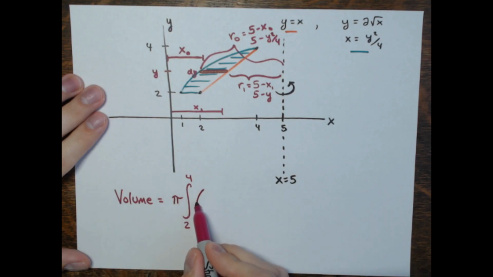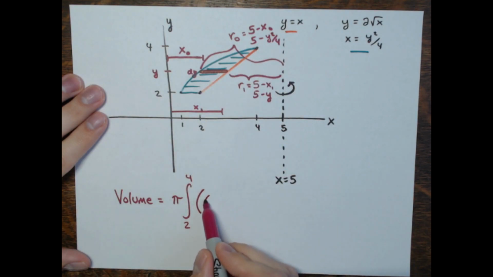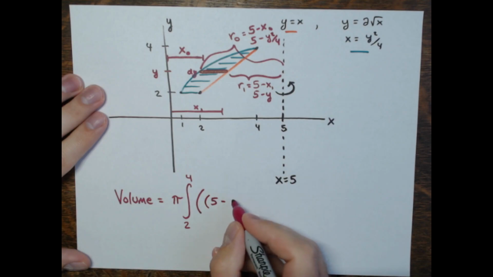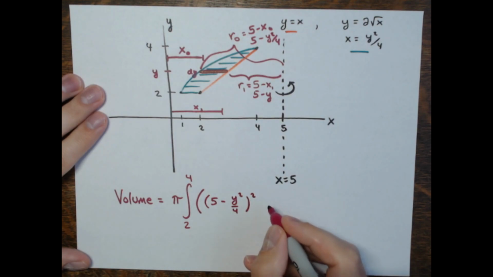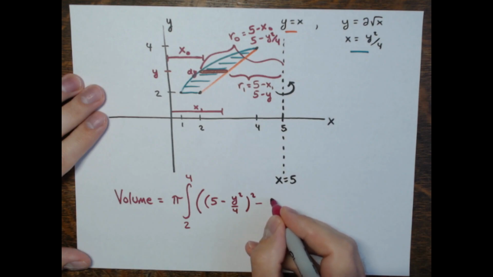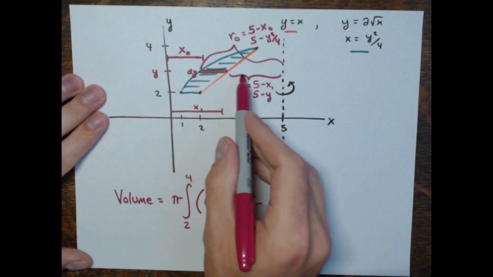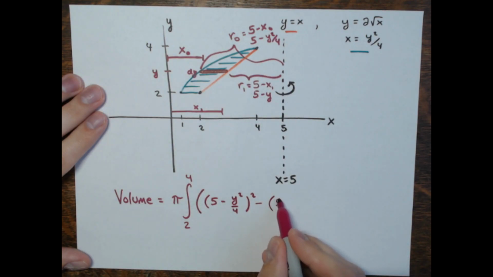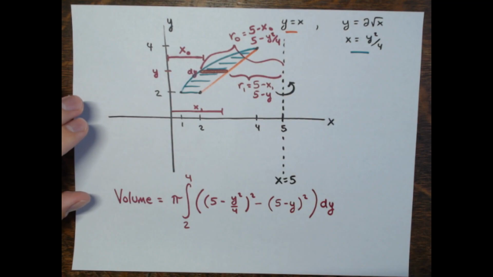So it'd be pi times the quantity: the outer radius squared, from here to this left curve, which we said was (5 minus y squared over 4) squared. That's the outer radius squared. Then minus the inner radius squared, the distance from the line we're rotating around to this right curve. It'd be (5 minus y) squared, and then all that with respect to y, times the thickness dy.